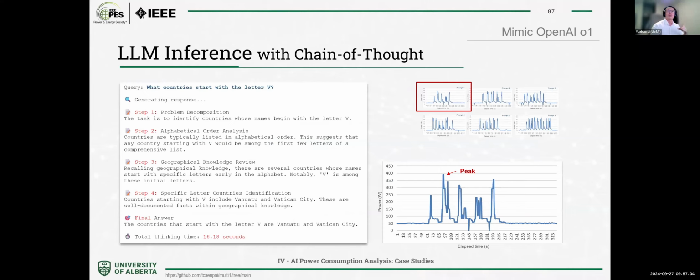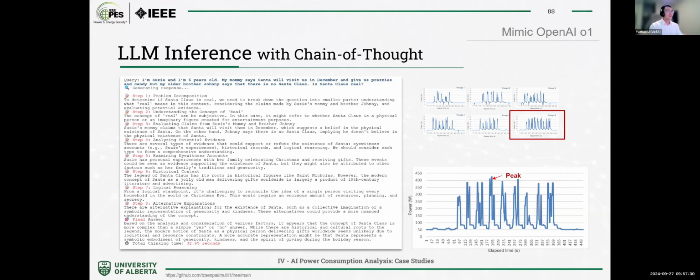Remember, we also ran this in the Llama 3.2 case. Here, with the chain of thought, we can observe several peaks in power consumption. This corresponds to the chain of thought steps. If we look at steps 1, 2, 3, 4, and until the final, this is exactly reflected in the power consumption curve.